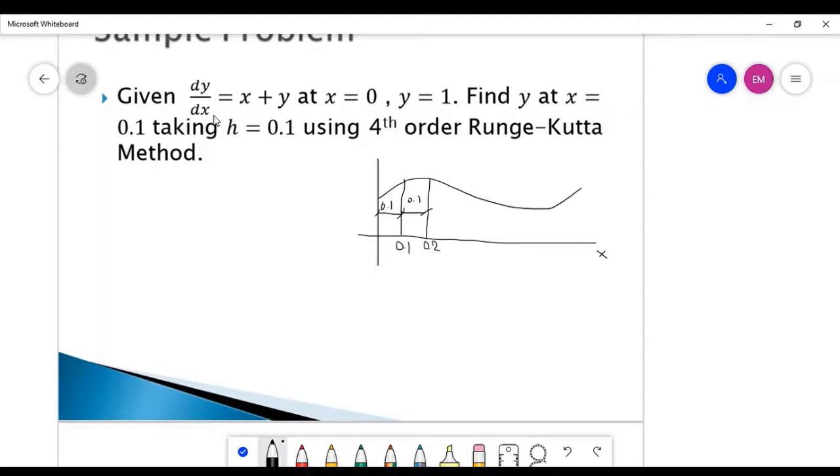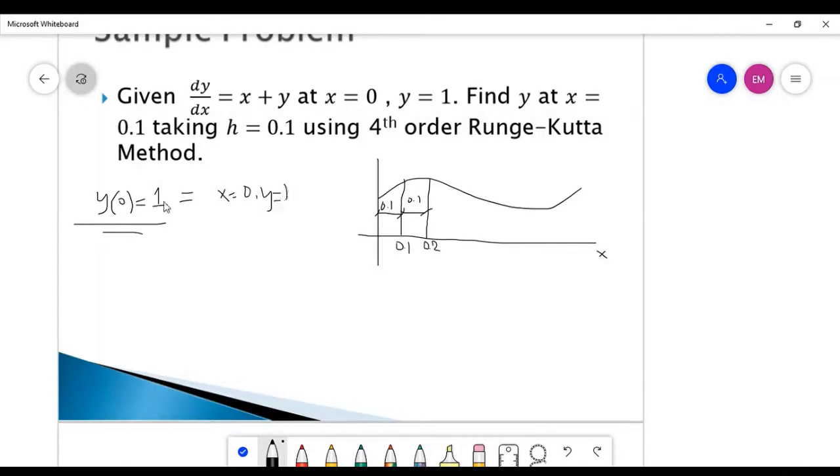But here, only once. Then, what are the initial values? At x is equal to 0, y is equal to 1. So, for example, this is the given, it would be the same as before: at x equal to 0, y is equal to 1.